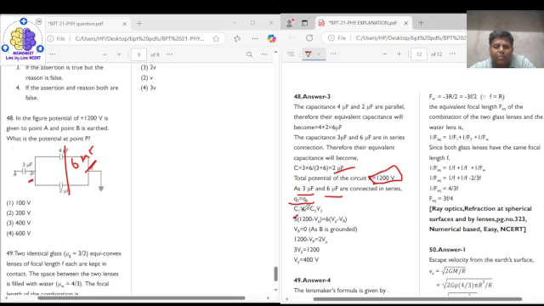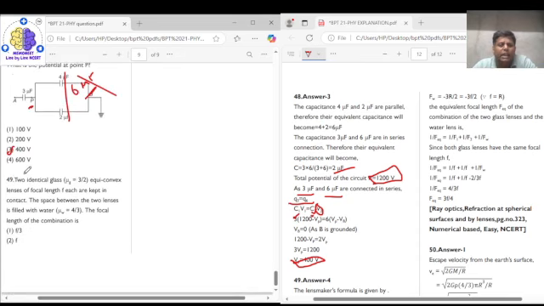Now we have the value of C1 and we have the value of C2. Let V2 be equal to X, then V1 will be equal to 1200 minus X, and solving it we get Vp, that is the potential difference, is 400. So the correct answer for question number 48 is option 3, that is 400 volt.